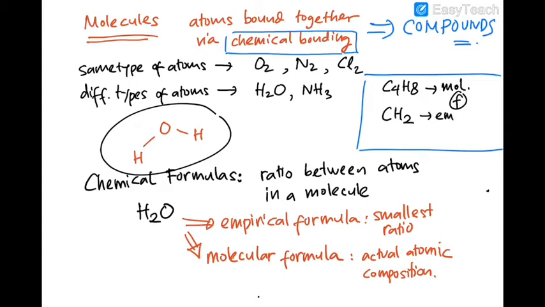So C4H8 is the same as CH2 multiplied by 4. The molecular formula is the actual atomic composition that makes up the C4H8 molecule. But the smallest ratio possible between the atoms that make up this molecule is CH2, and this one we call the empirical formula.